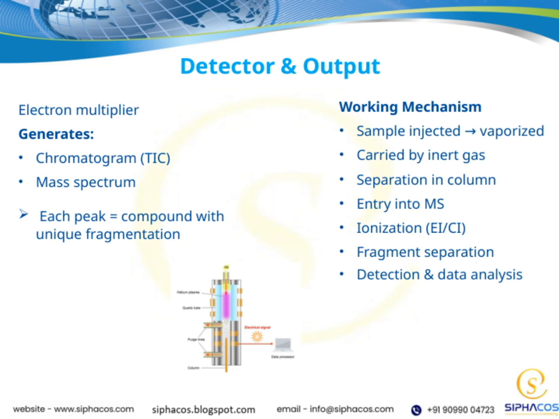The detector, often an electron multiplier, generates signals that are processed into a chromatogram, known as TIC, or total ion chromatogram, and a mass spectrum. Each peak in the spectrum represents a different compound, with a unique fragmentation pattern that helps us identify it specifically. This entire mechanism is crucial because it allows us to analyze complex mixtures with precision and confidence.